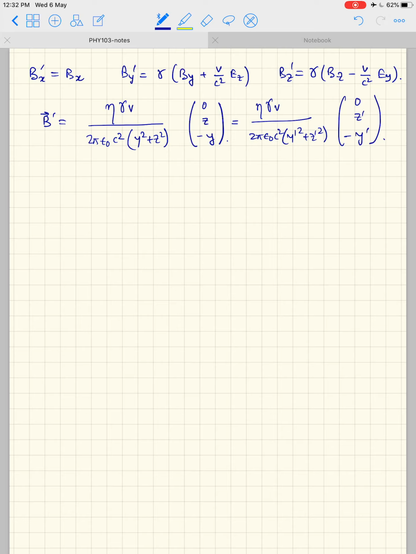Now since in the frame S prime the charge density moves, the observer actually sees a uniform current there.